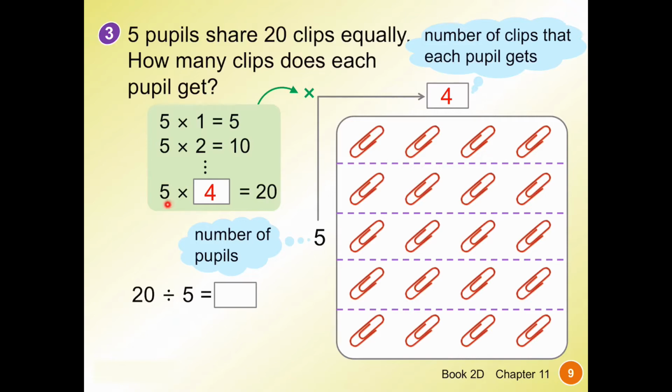So that's why we put 5 times 4 equals 20. So 5 is the number of groups, and 4 is the number of clips that each group gets. And when we put it in the division problem, 20 divided by 5 equals 4. Each pupil gets 4 clips.